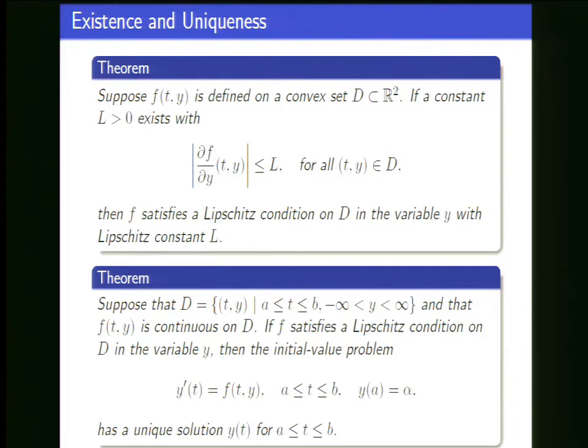In particular, y prime equals y square, starting at y0, had the solution y of t, what was it? 1 over y0 minus t, right? Well, I have it in my notes. I think this is it. So it starts at y0, and at a time 1 over y0, it blew up, right?